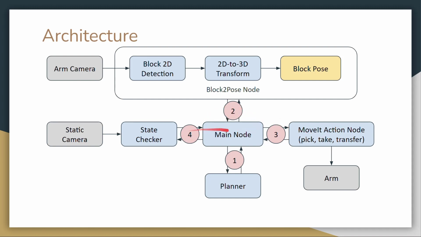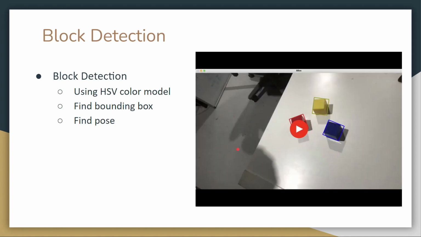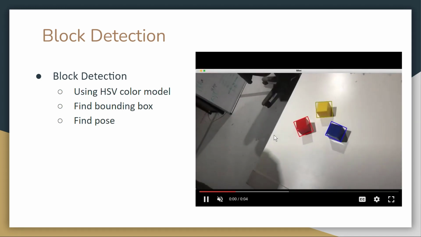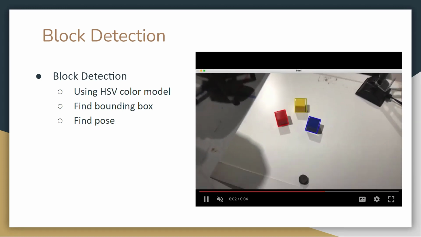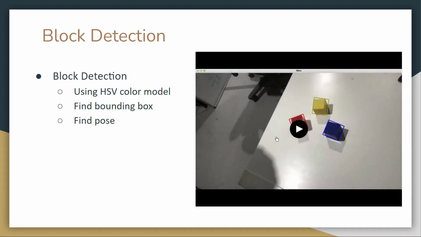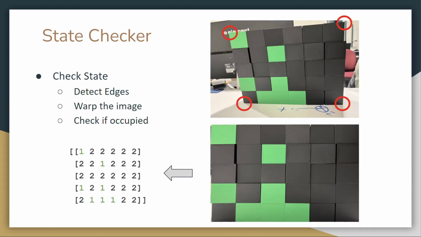After every build, the main node will also send out requests to the state checker to check the current state. If it's different from the plan, the main node will ask the planner to replan according to the current state. For block detection, we're using the HSV color model to differentiate different colors, and we can find the bounding box and the pose of the blocks.